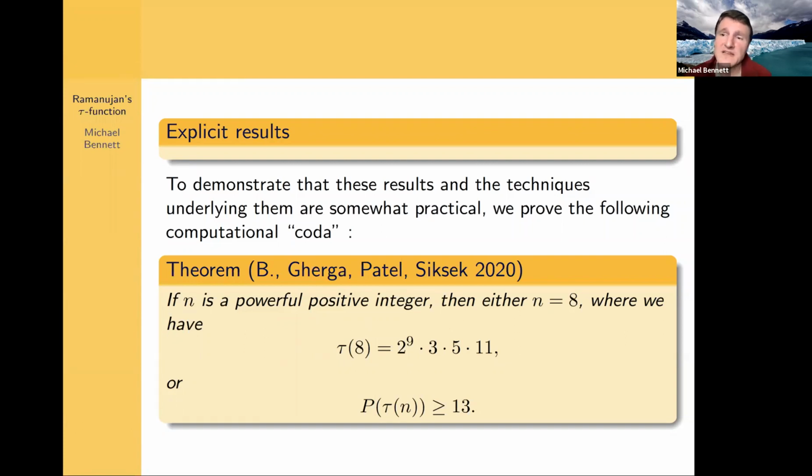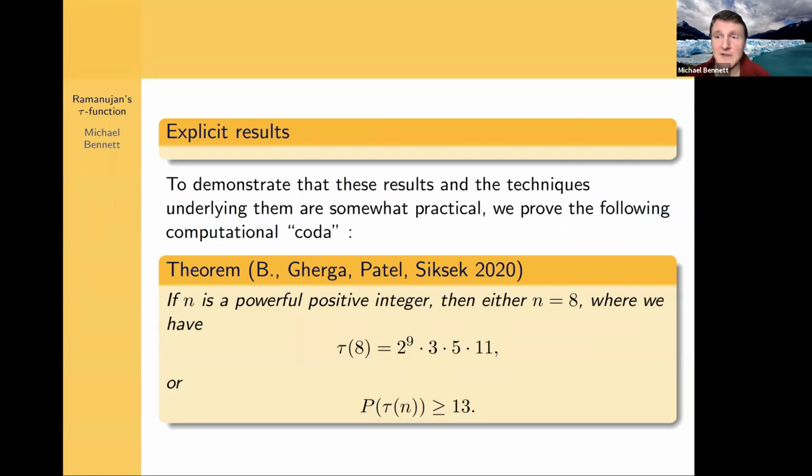So what we can basically do is classify, again, our techniques only work when we're taking n powerful, all the tau of n that have prime divisors smaller than 13. And I'll say a little bit as we go about why 13, but essentially, if we stopped a little earlier and just allowed 2, 3, 5, 7, the result's very easy.